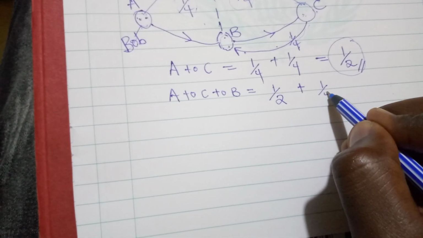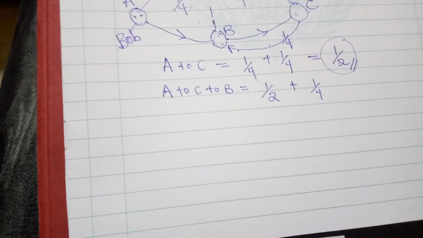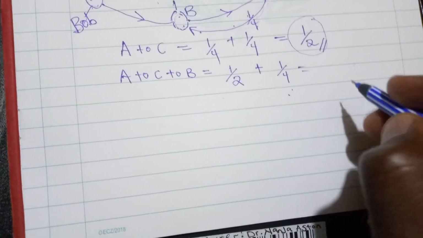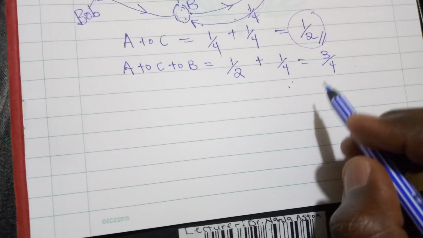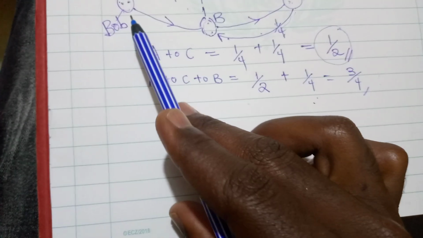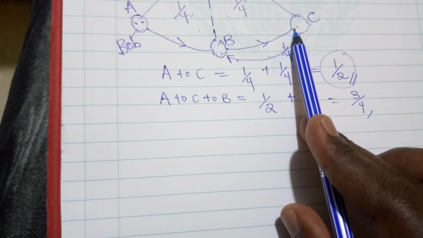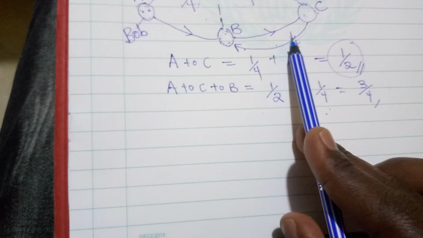When you do your calculation, you're going to obtain 3 over 4. So when an object moves from that point to that point, which is half, and then from that point to that point, which is 3/4.